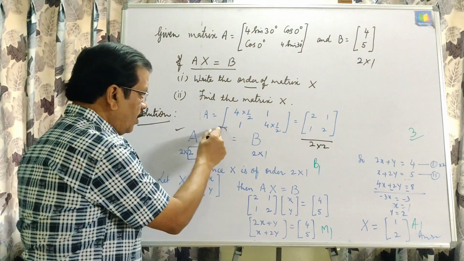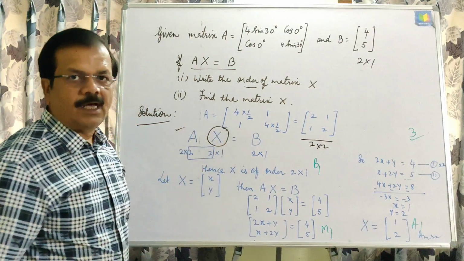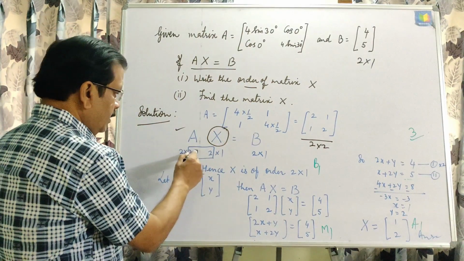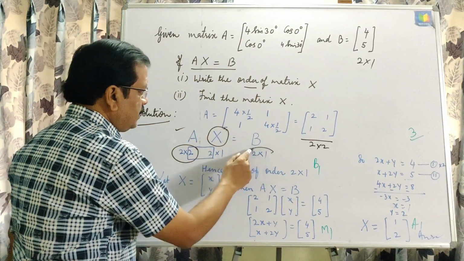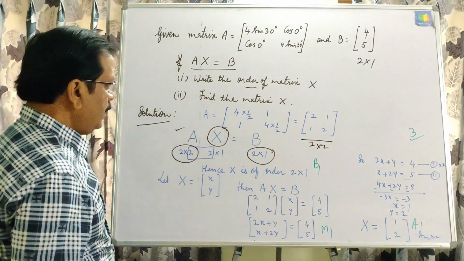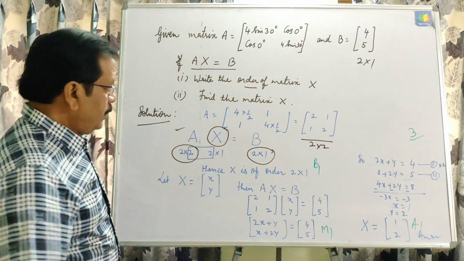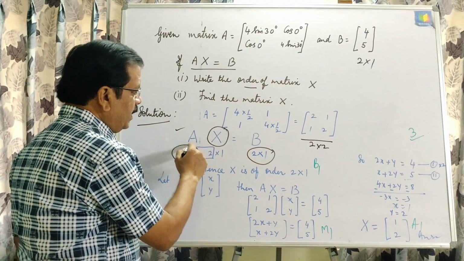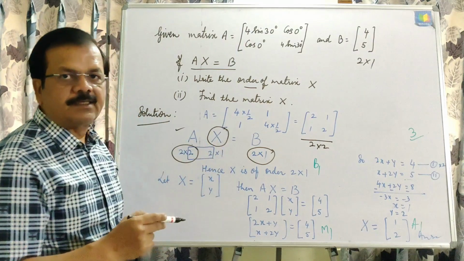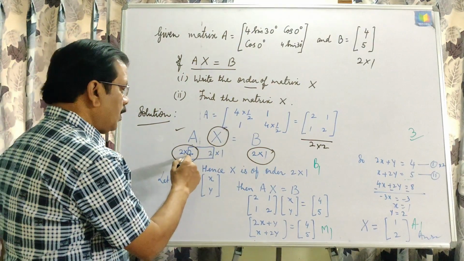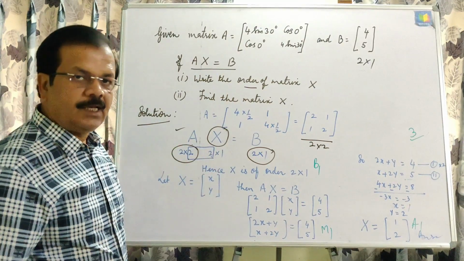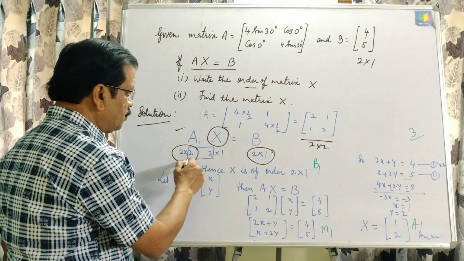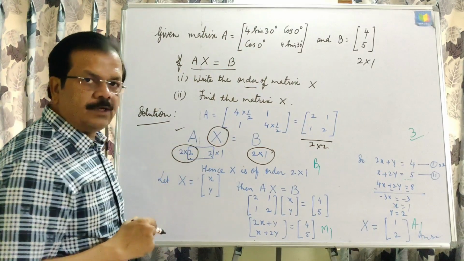How can we write the order of this unknown matrix? Here 2 cross 2 is the order of A, 2 cross 1 is the order of B, and we know that we are able to multiply any matrix with another matrix if the number of columns in the first is the same as the number of rows in the second. You can see the number of columns is 2, then the number of rows will be 2.